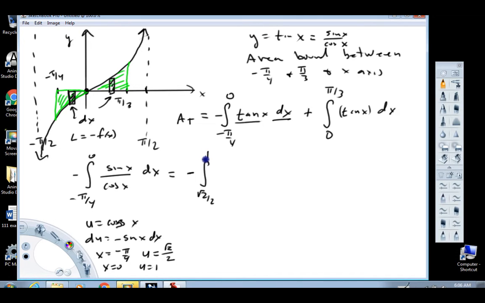Now, minus sine x dx, this term right here, is equal to du. So this entire thing, minus sign included, is equal to du. So I don't need that minus sign anymore. That one can be erased. Over u.